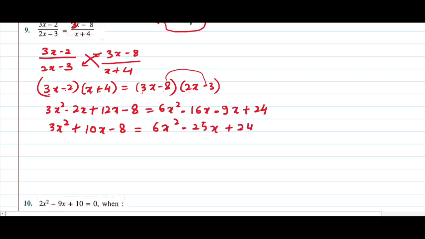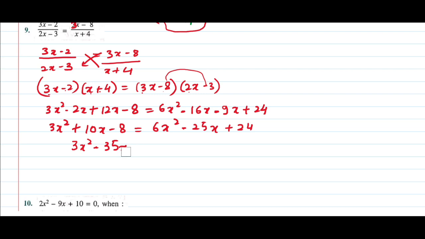If I do the factorization method again, I'll simplify this term: 3x square plus 6x square becomes 3x square, and minus 25 and minus 10 becomes minus 35x.